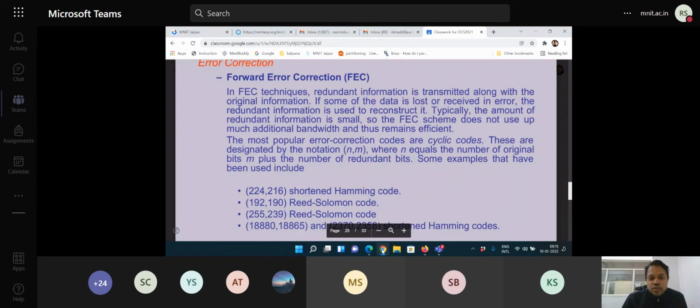With these cyclic codes, it's possible to have error correction.